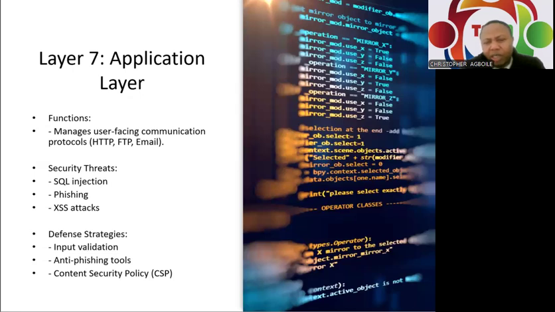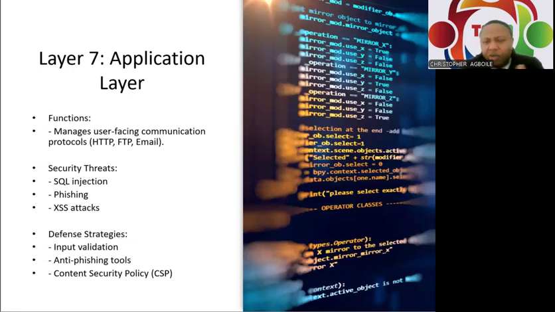Now, the common attacks at this level have to do with your web applications, like what we call SQL injection. SQL injection is a malicious SQL command that is introduced into web application inputs.